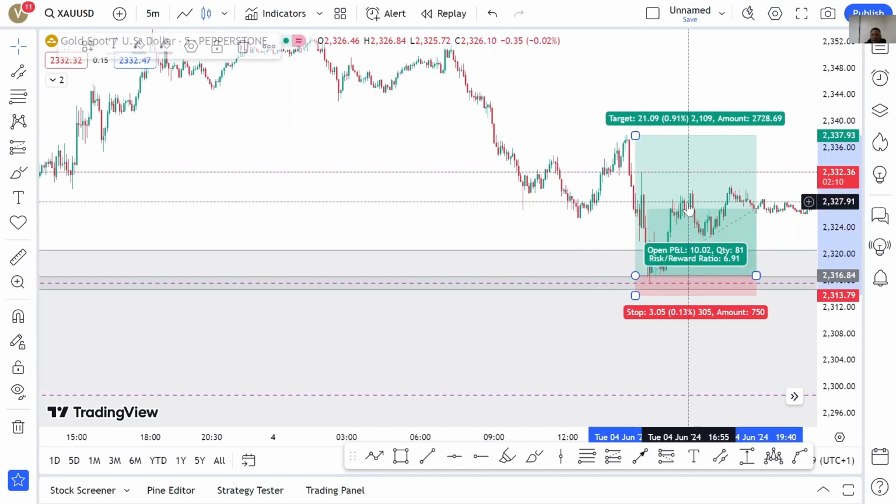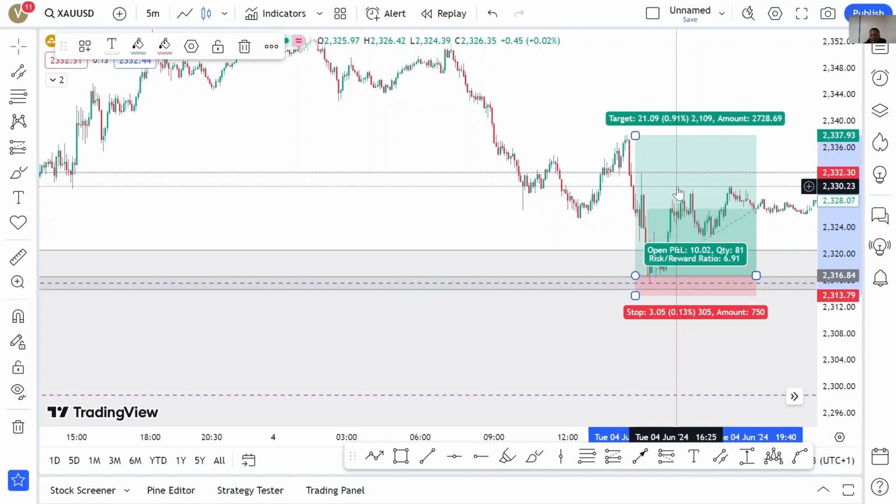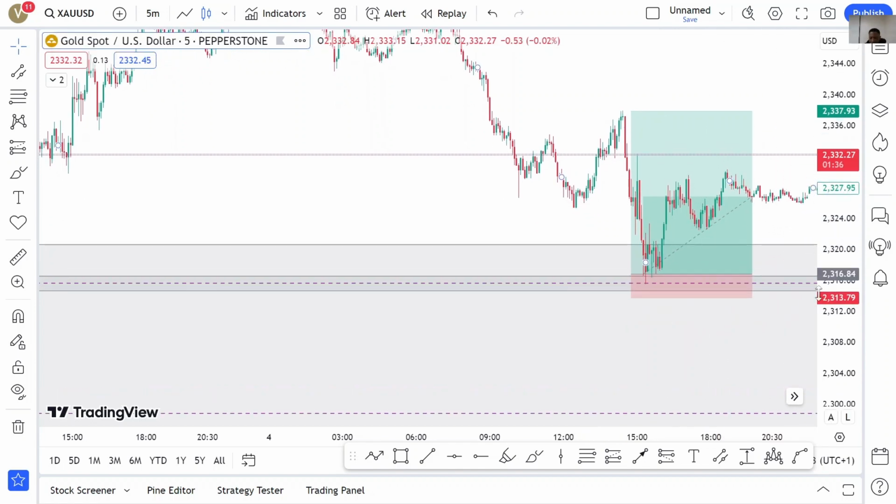If you click on this setup, you're going to see this long position has all the information we need to know the pips that is at risk, how many pips you're targeting, and how many pips you're most likely going to lose if this trade goes against us. This red zone is telling you about the risk.